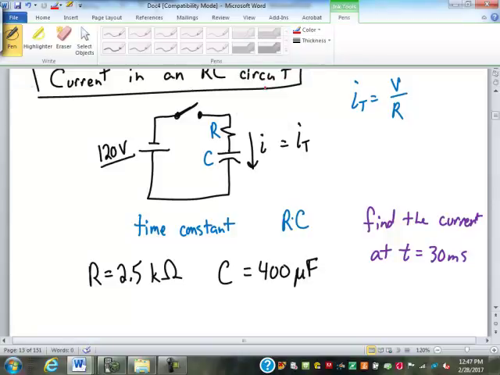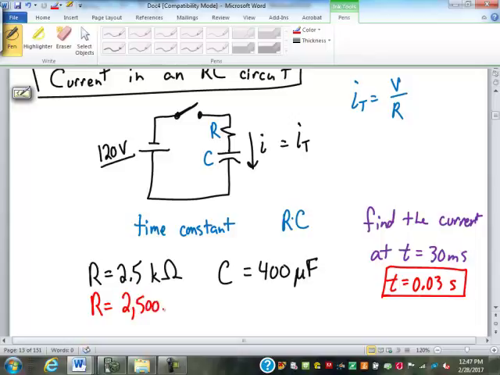First thing we've got to do is some decimal work here. 30 milliseconds is 0.03 seconds. 2.5 kilo ohms is 2,500 ohms. 400 microfarads.